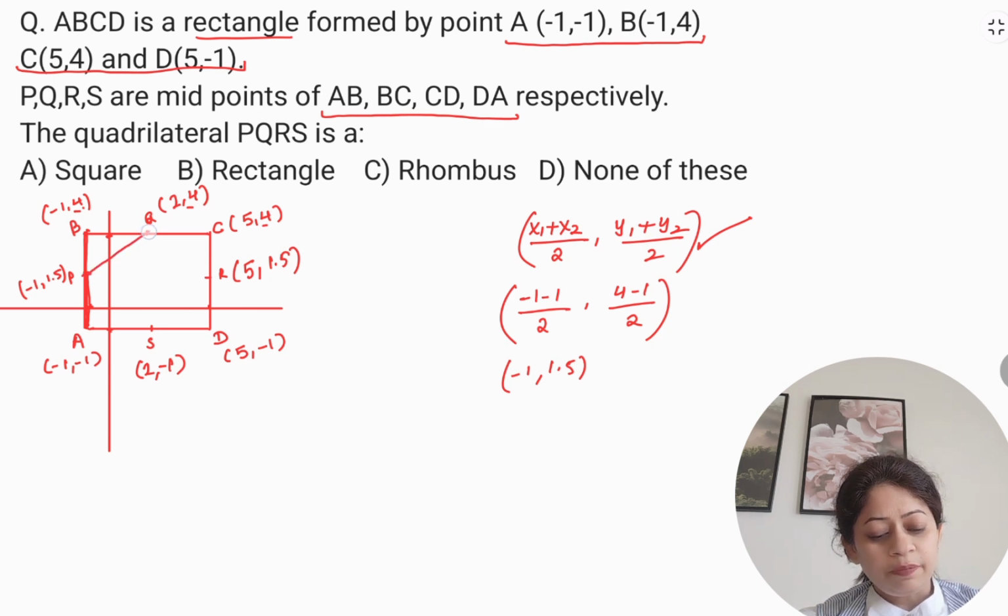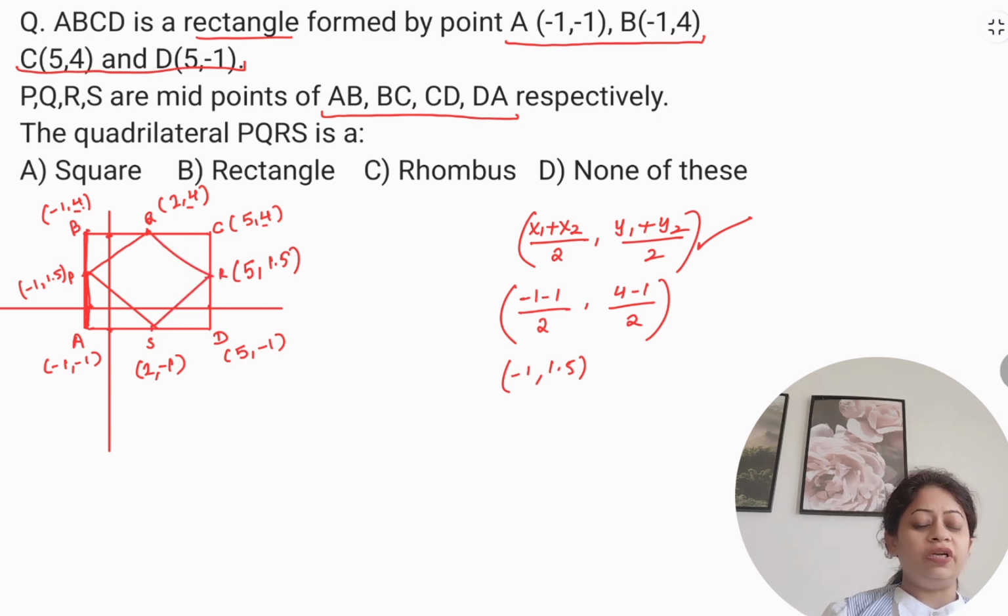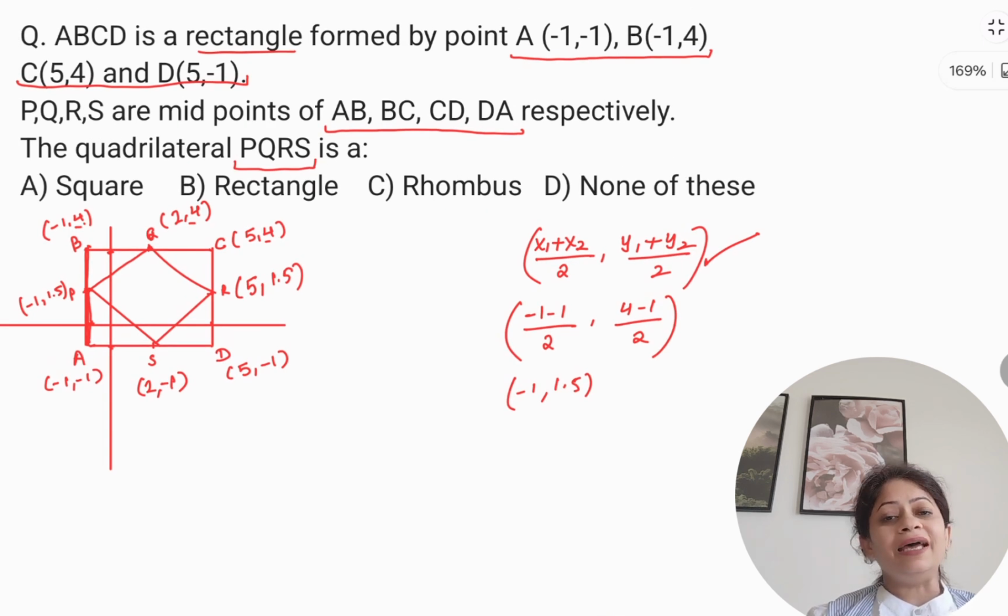I will join PQRS. Now the question is about the quadrilateral PQRS: is it a square, rectangle, rhombus or none of these? For telling that, we should know the properties.